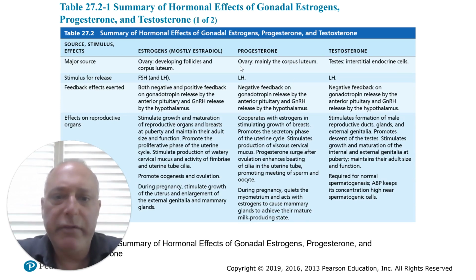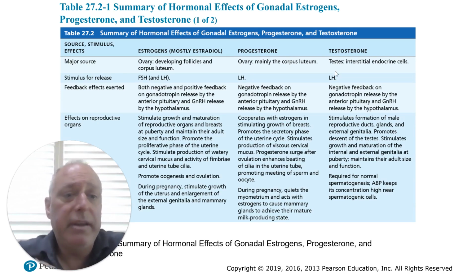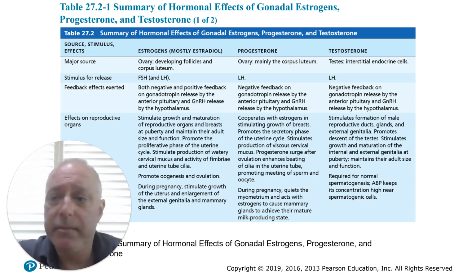So let's look at progesterone. Progesterone is mainly from the ovary, but from the corpus luteum. Progesterone is released after the LH peak, and then progesterone starts to be produced by the corpus luteum. Testosterone is produced in the testes, in the interstitial endocrine cells.